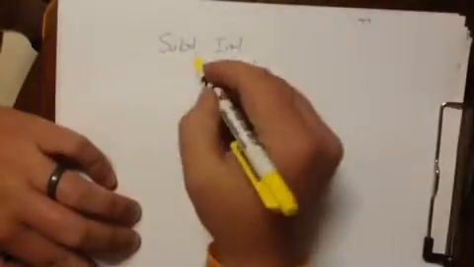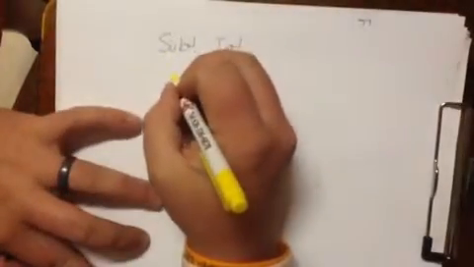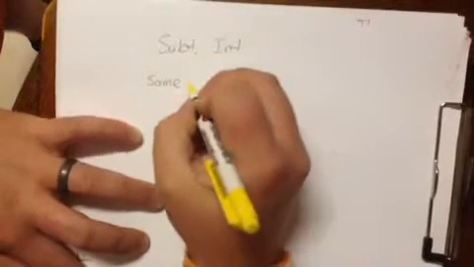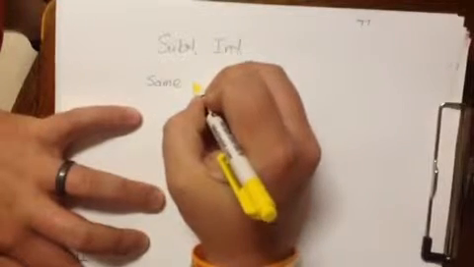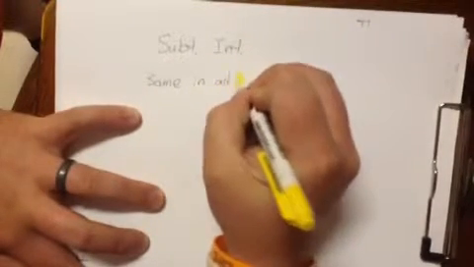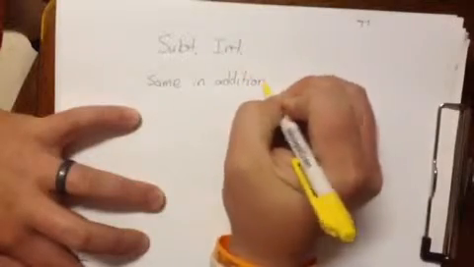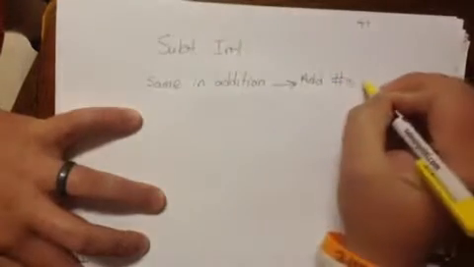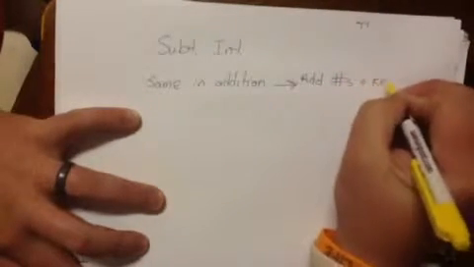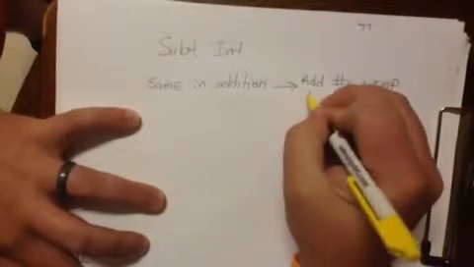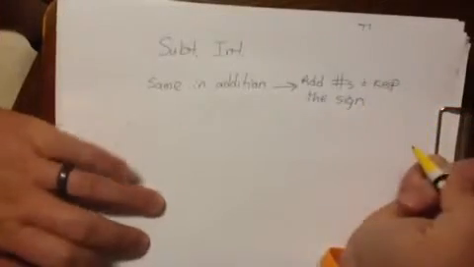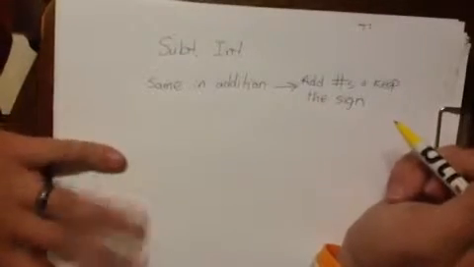In an addition problem, if the signs are the same, you add the numbers and keep the sign. So that's why the saying goes same sign, add and keep. That's part of the song.